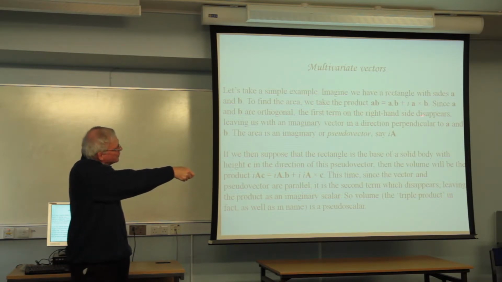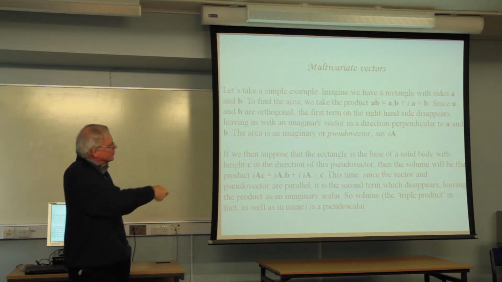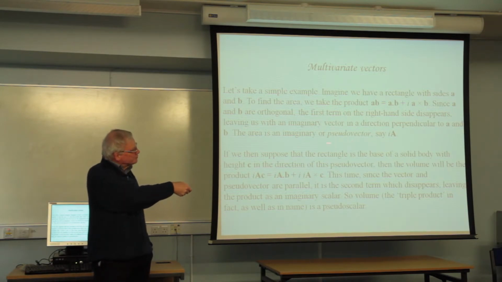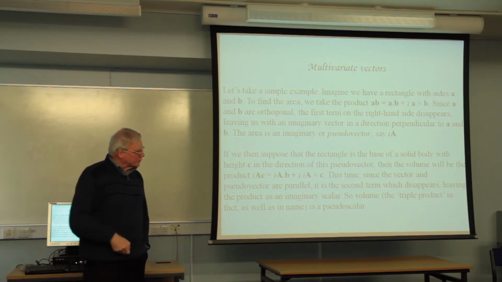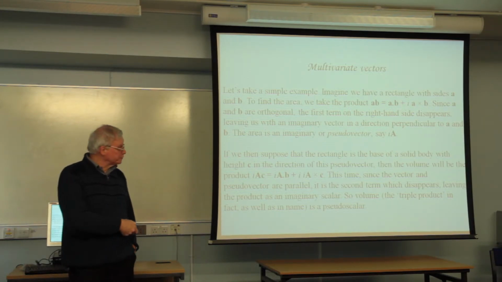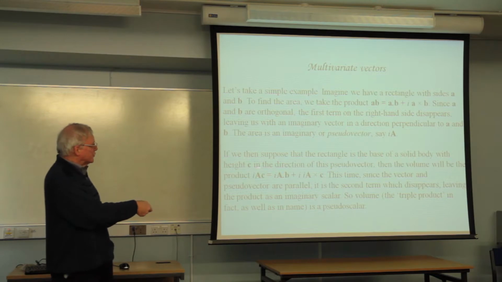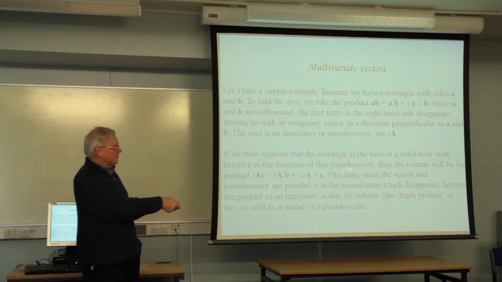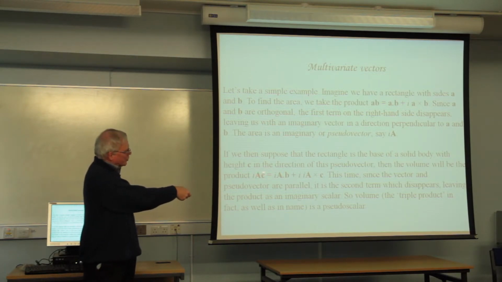So the first term on the right hand side disappears, leaving us with an imaginary vector in a direction perpendicular to A and B. This is an imaginary pseudo-vector, and we call it the area. If we then take the rectangle as the base of a solid body with height C in the direction of the pseudo-vector, then the volume will be the product iA times C, and it's the full product again.